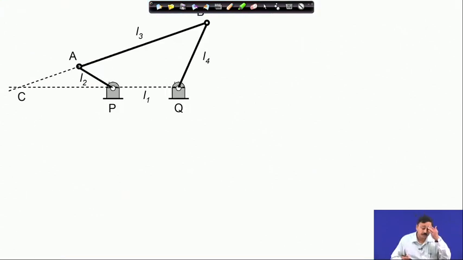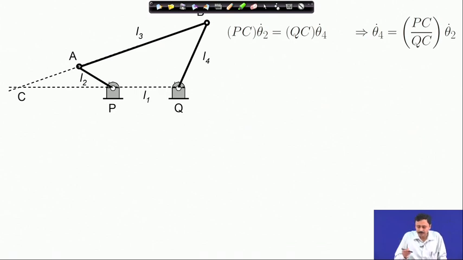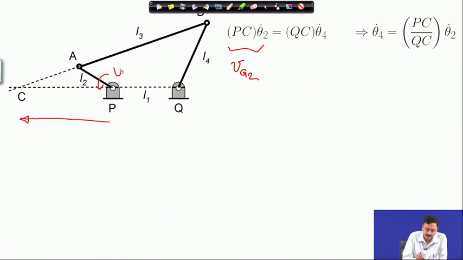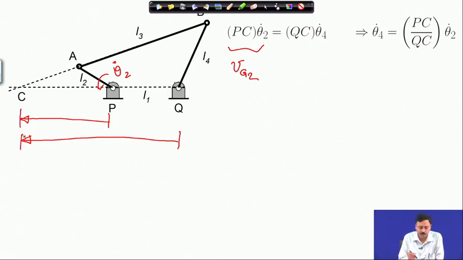I have located for you the I 2 4, which is the point C. Now, you can very easily from geometry write this expression: P c times theta 2 dot, which is the velocity of G 2, must be equal to Q c times theta 4 dot.